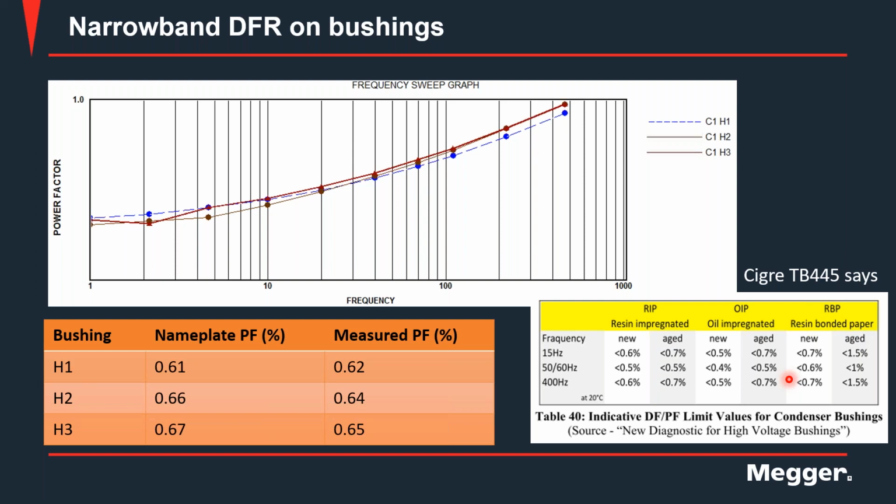It has some limits provided at different frequency points, but you can see that it says that these limits are indicative. Now, if you look at the values that I have here, the nameplate values themselves exceed the 60 Hertz values that are expressed in the table over here. So these are just reference points that you could use in case you want to refer to them.